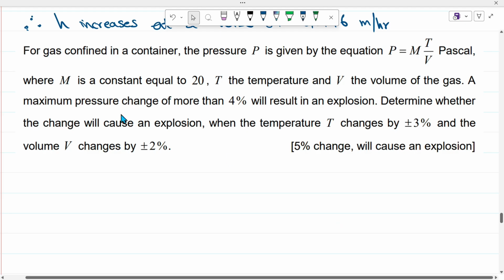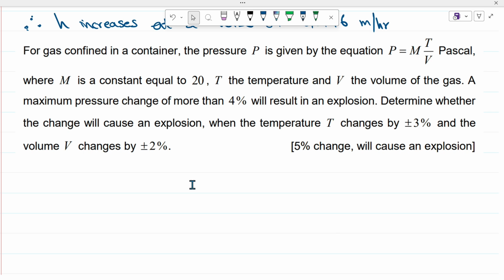All right, we're told that for gas confined in a container, the pressure P is given by the equation P equals mT over V Pascal, where m is a constant equal to 20, T is the temperature, and V is the volume of the gas. A maximum pressure change of more than 4% will result in an explosion.